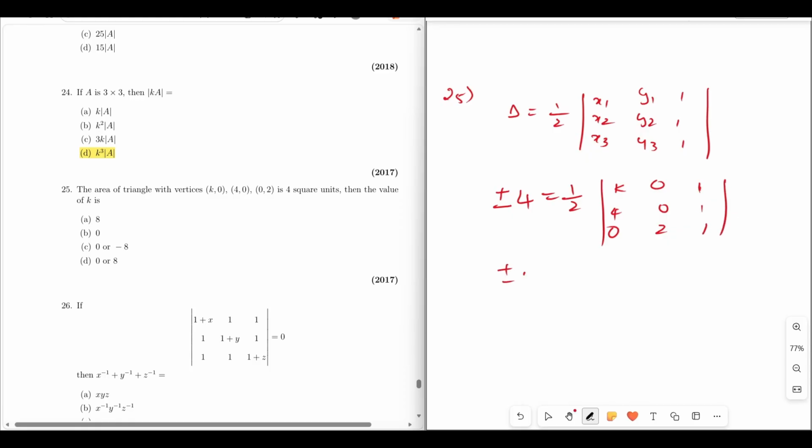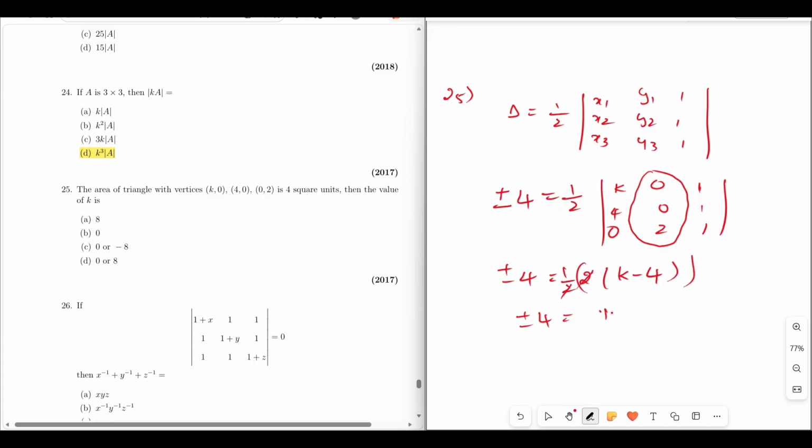So now plus or minus 4 is equal to, see, I have told you whichever column or row has more zeros, choose that column or row to find determinants. So in this I'll be choosing this column. The first two elements are 0, so you don't have to calculate; you only go with the third element of this column. So 2 into, eliminating this row and column, you'll get k minus 4. So plus or minus 4 is equal to 1 by 2 into 2 into k minus 4.